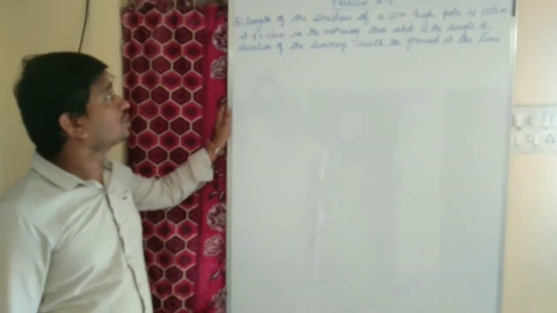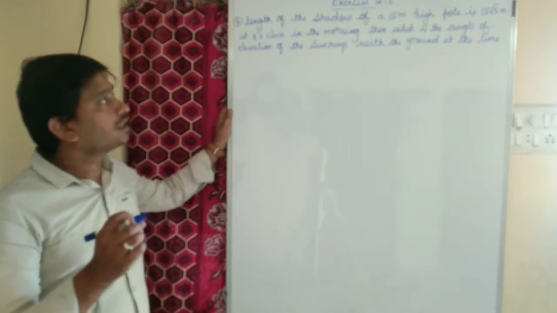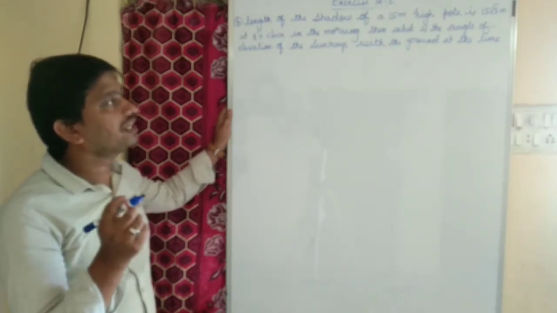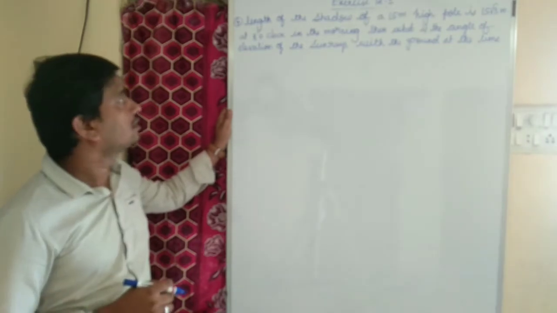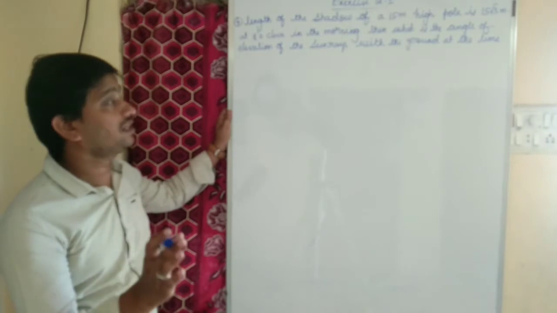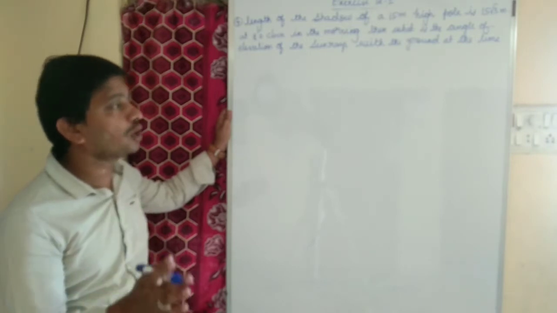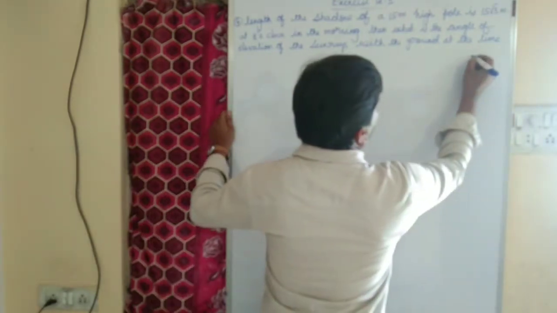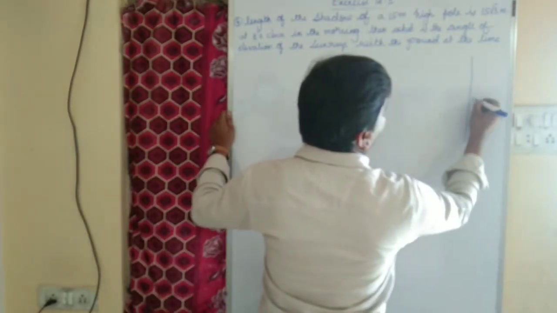Now coming to the fourth question: the length of the shadow of a 15 meter high pole is 15 root 3 meters at 8 o'clock in the morning. Then what is the angle of elevation of the sun rays with the ground at that time? Children, the length of the shadow of a 15 meters high pole.